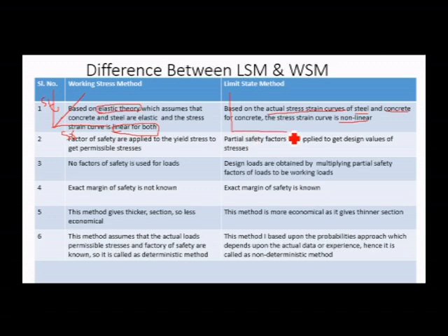It will be linear to some extent, and it takes its own shape after it reaches a particular permissible limit. The working stress method is based on elastic theory, where the stress versus strain for the material is considered linear and elastic.